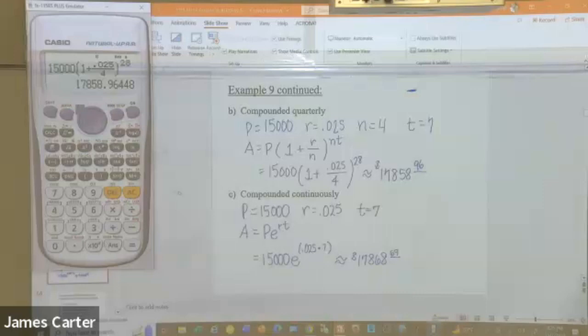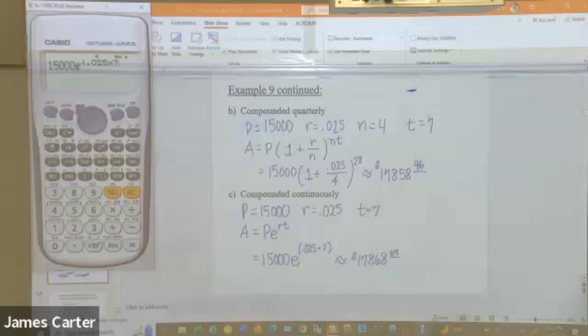So I'm going to clear this out and start all over. 15,000 times, that's the P. Now I'm going to put in the e to the power of 0.025 times 7.